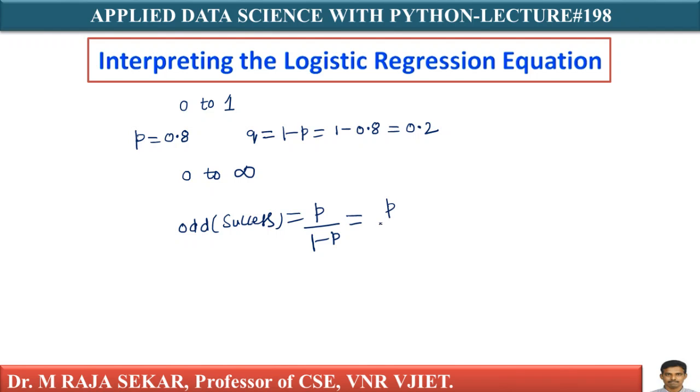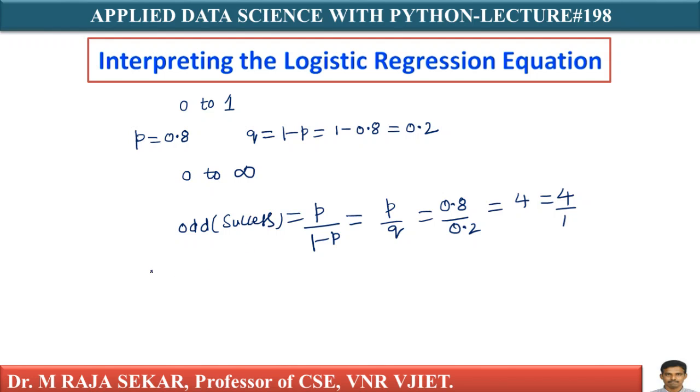It is P by Q, which is equal to 0.8 by 0.2, which is 4. I can say it is 4 by 1, isn't it? That is the odds of success.